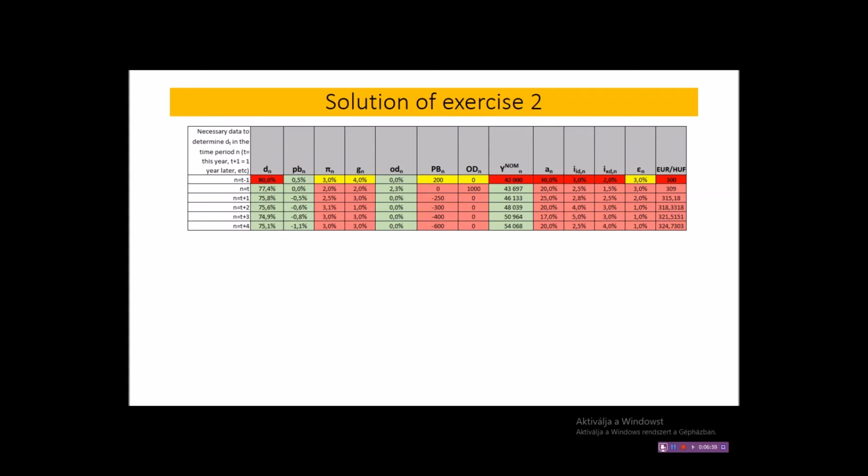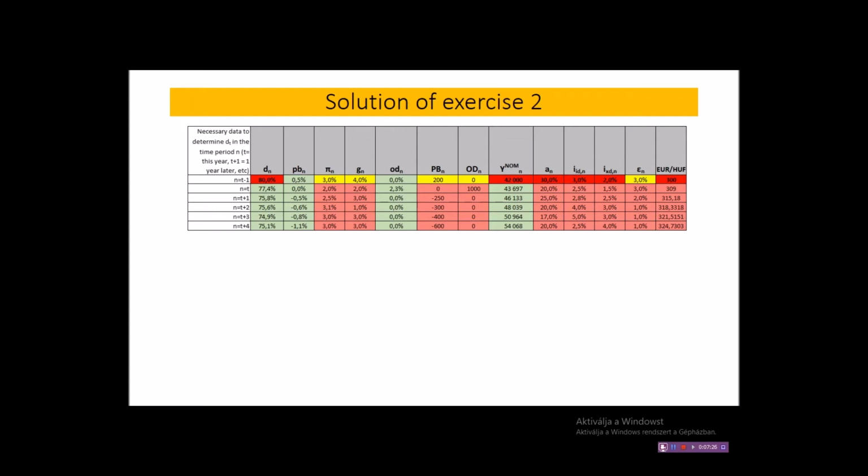The 300 foreign exchange rate will be placed in the euro foreign column for the time period T minus 1, since it is the data of last year. The primary balance showed 200 billion forints surplus last year, that will be given in the PB T minus 1 cell. Furthermore, the government had exceptional single-time revenues in the value of 1,000 billion forints for this year, that is ODT.